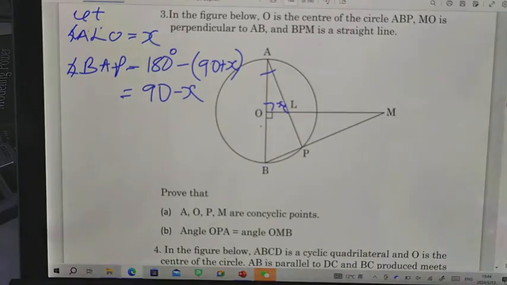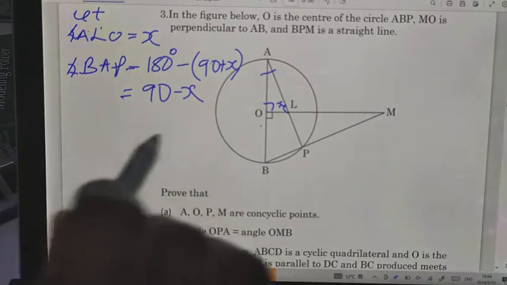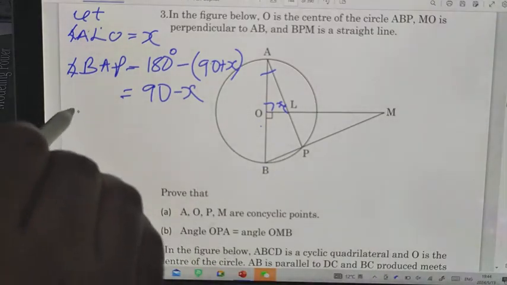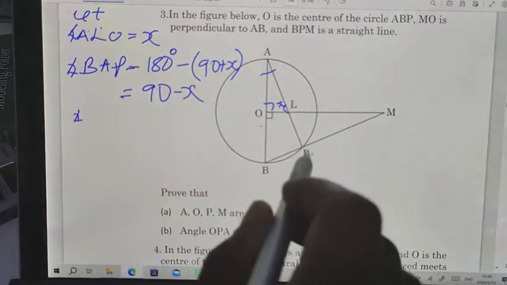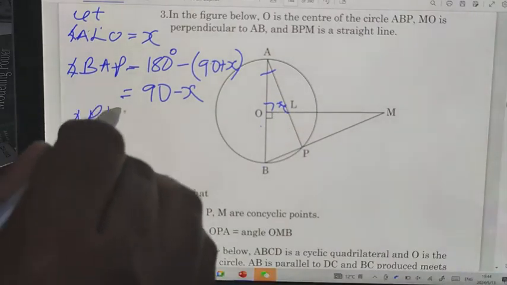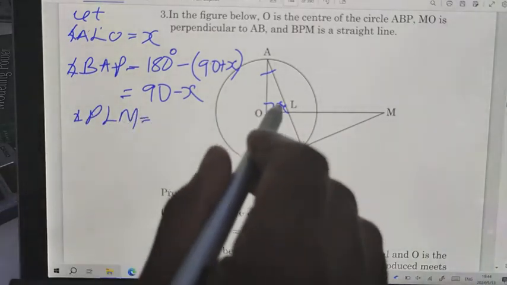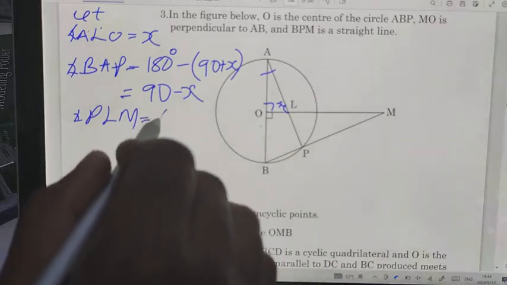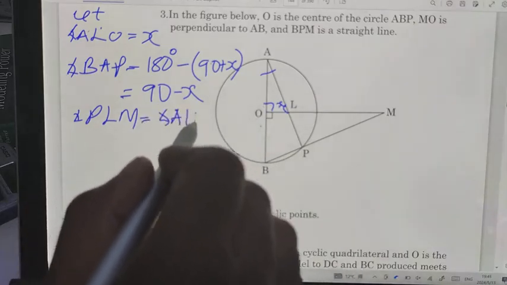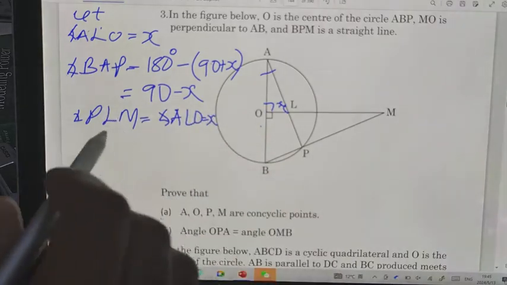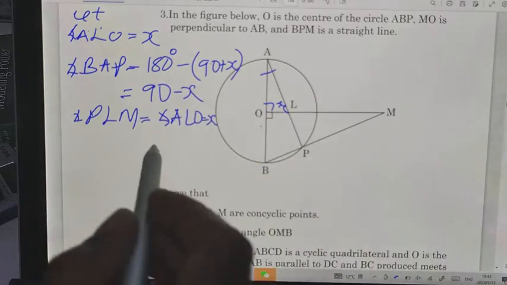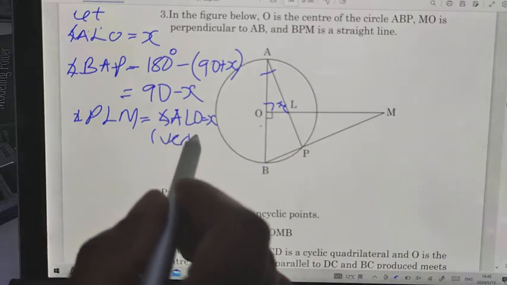All right, so now let's consider angle PML. But maybe before there, you can agree with me that angle PLM is equal to x, or is equal to angle ALO, which is x. The reason is vertical opposite angles.